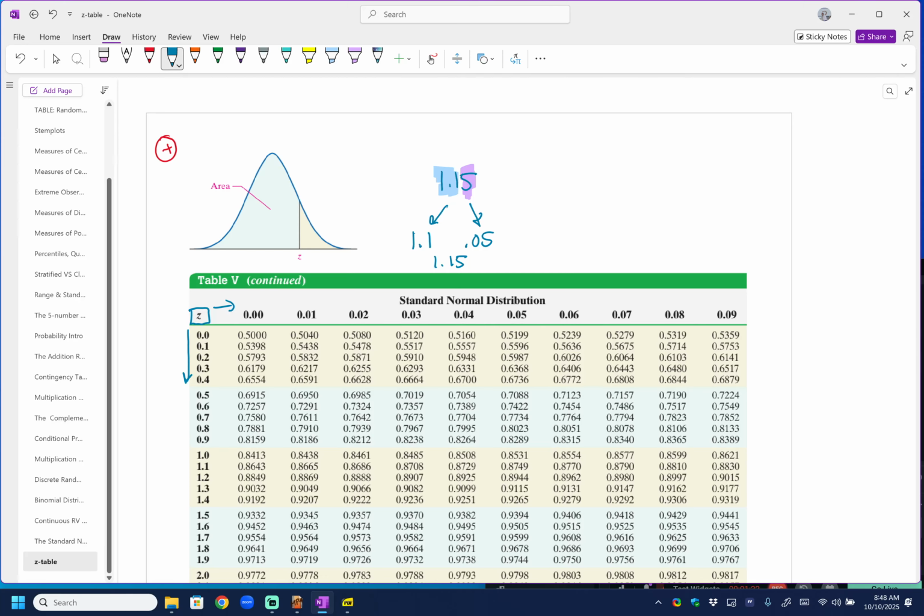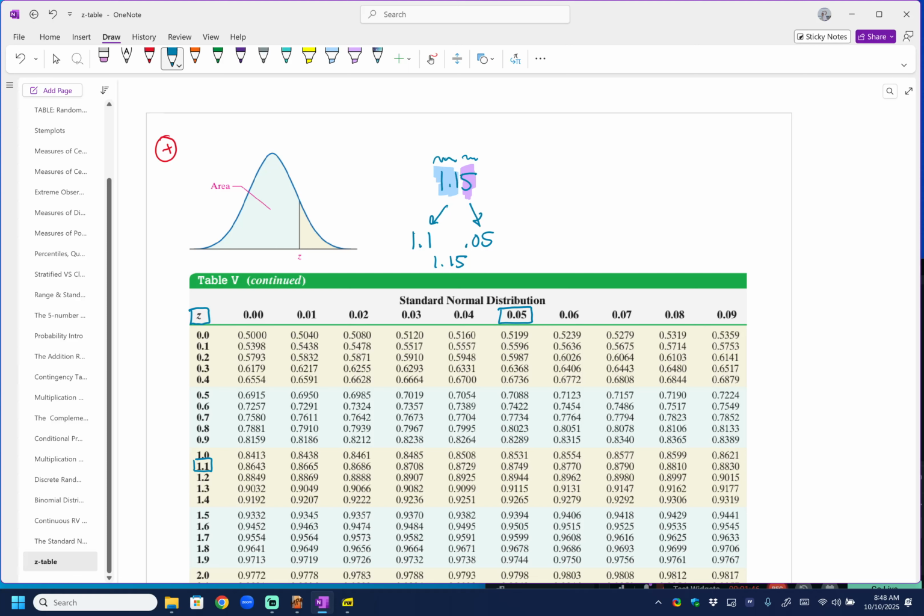So again, this part here is going to be what's going on here, and then this part with 0.0 in front of it is what's going to be going on the top. So let's find this number specifically. We need to find 1.1, which is right here, and we need to find 0.05, which is right here.